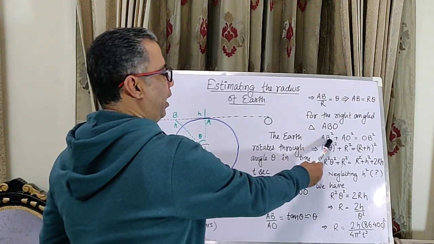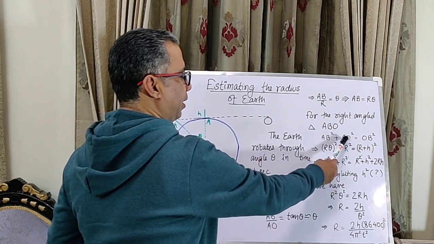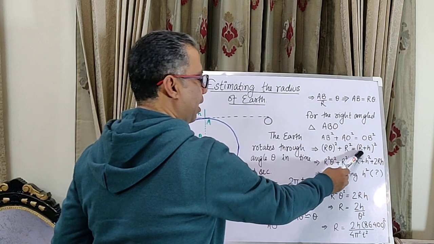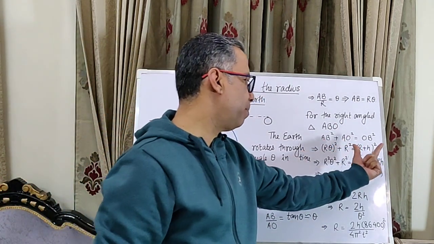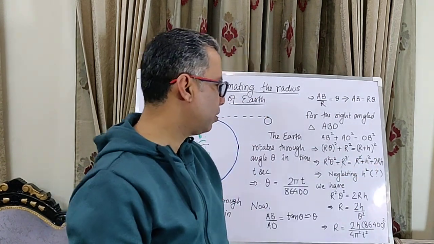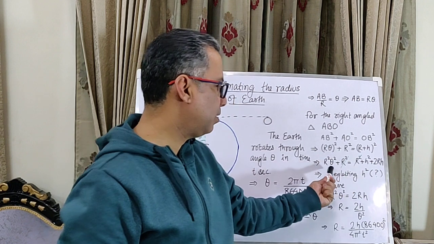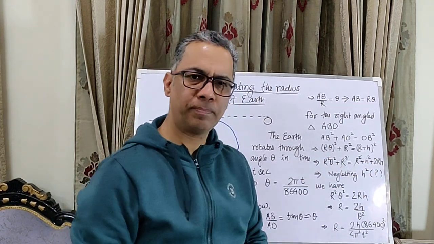And therefore R theta whole square plus R square equals R plus H whole square. Now once you expand this bracket, you get R square plus H square plus 2RH. R square cancels. R square theta square equals H square plus 2RH.